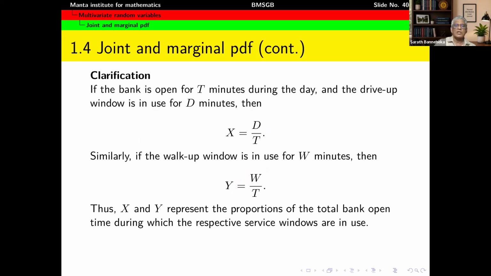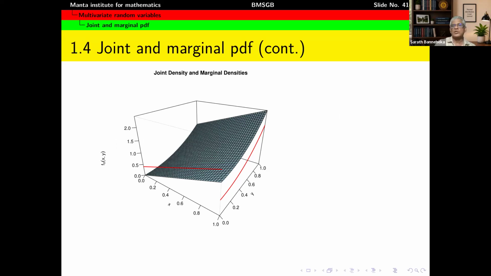So it's not a flat surface. You can see it's a small curve going up here. That's because of that y squared term, right? And what I have shown here by these red lines and curves are the marginal densities. This is the marginal density function of x, and this is the marginal density function of y. And this is actually a straight line.